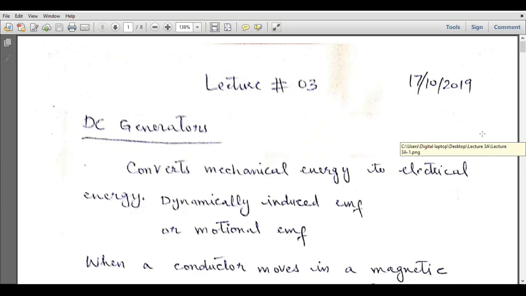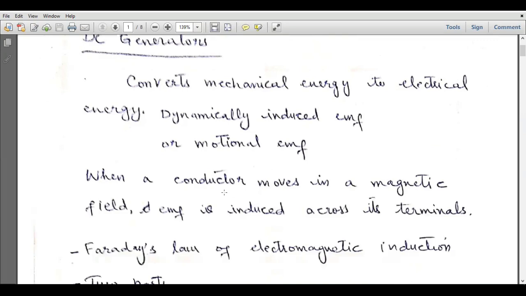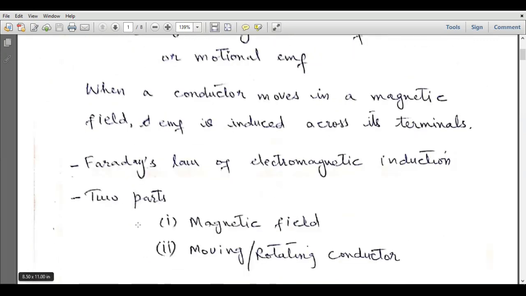When the coil is moving in the constant magnetic field, the flux linking with the coil will be changing at every instant, and due to that changing magnetic flux, EMF will be induced at the terminals of the coil. So when a conductor moves in a magnetic field, EMF is induced across its terminals, and it follows Faraday's law of electromagnetic induction.